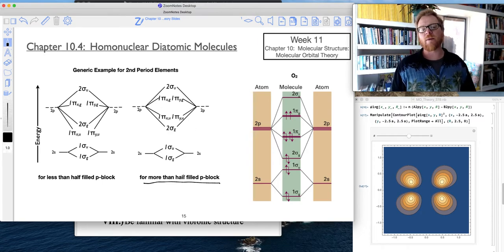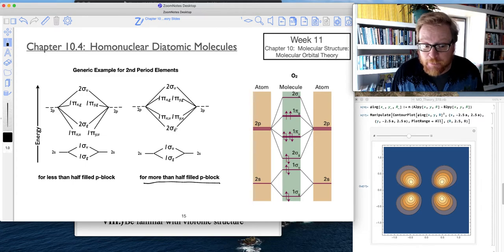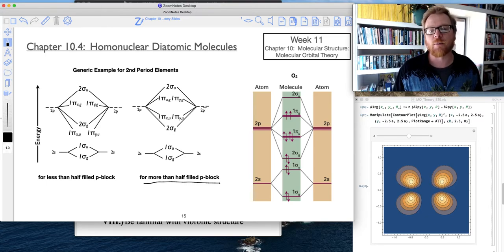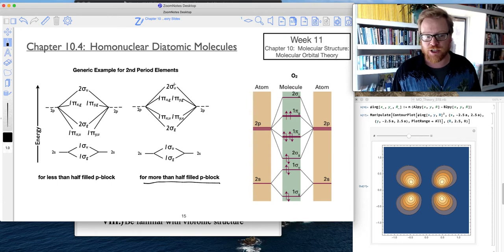So when the p block is, really I should say, half-filled or more, the 2 sigma g ends up being the lowest energy. And remember that 2 sigma g is created from linear combinations of 2pz. And so here I've got the 2 sigma g way down here. And as it turns out, the 2 sigma u is the highest energy up here.